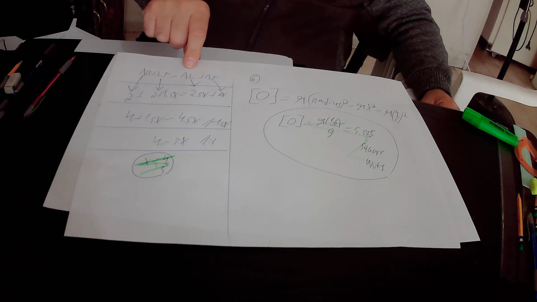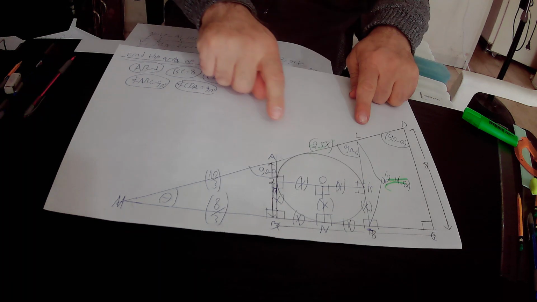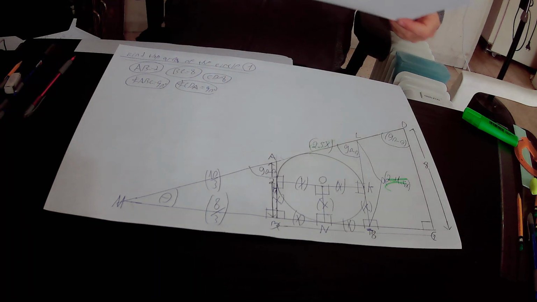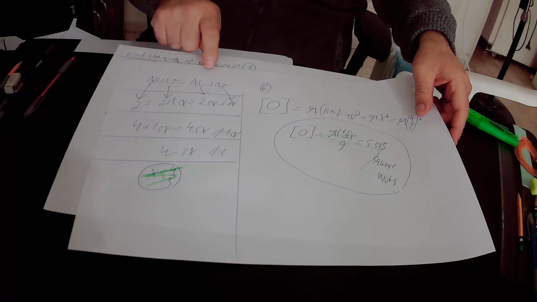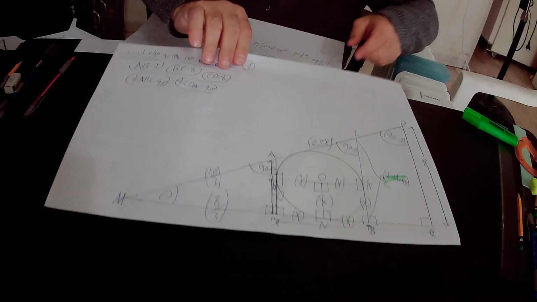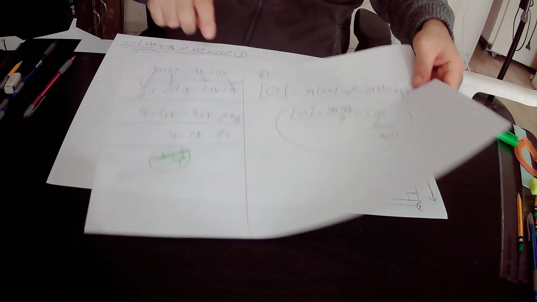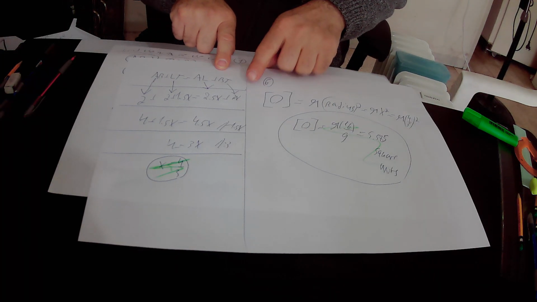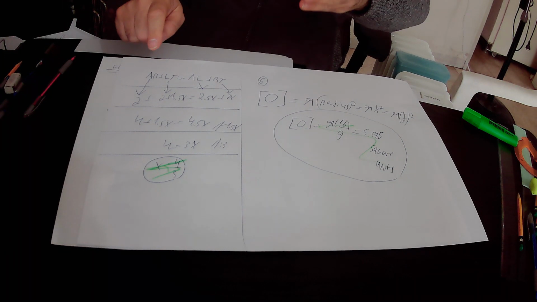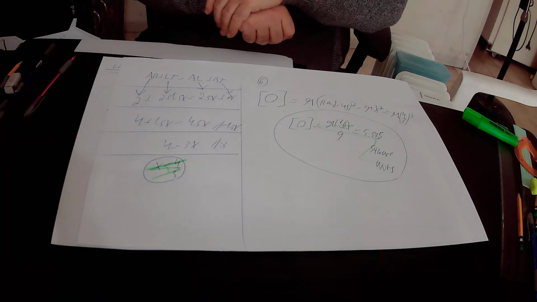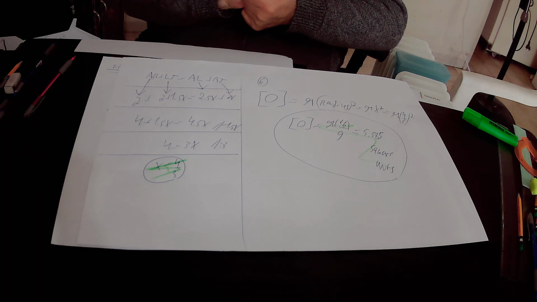AL is 2.5x, so substitute AL by 2.5x plus BT. Here BT is 2x, so substitute BT by 2x. So in conclusion, we found out that 2 plus 2 plus 1.5x equals 2.5x plus 2x.